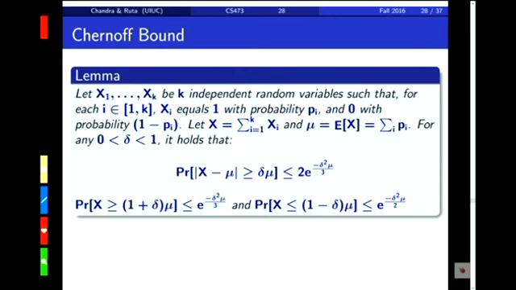Okay. Now how do we compare Chebyshev with this? Like, why is this better than Chebyshev? In Chebyshev, I had a here, and here it was variance of X divided by a square.